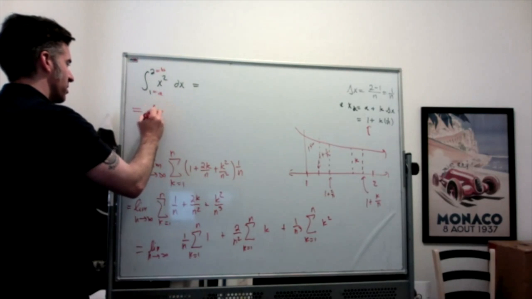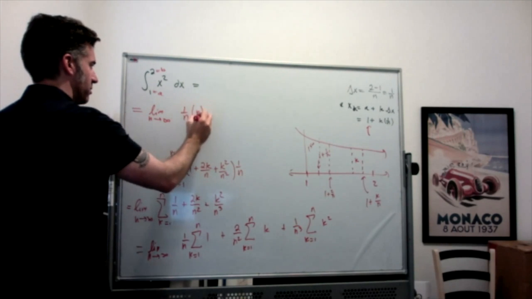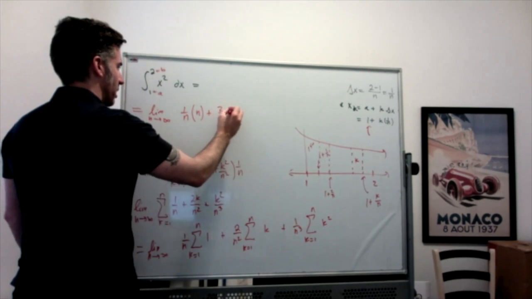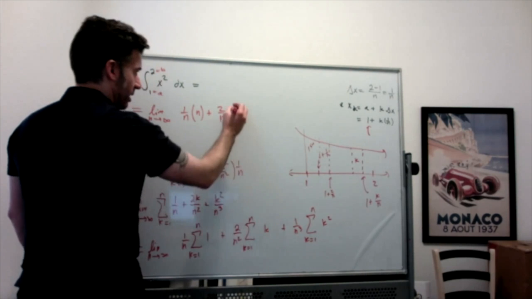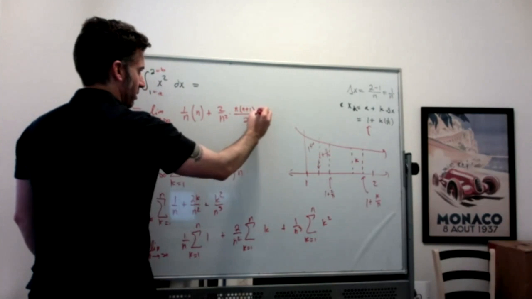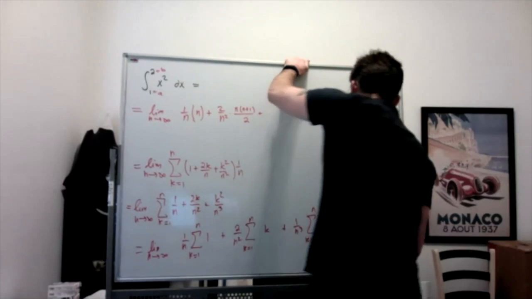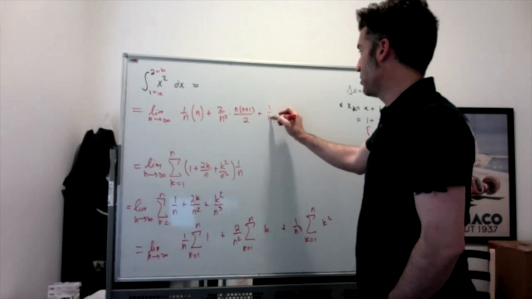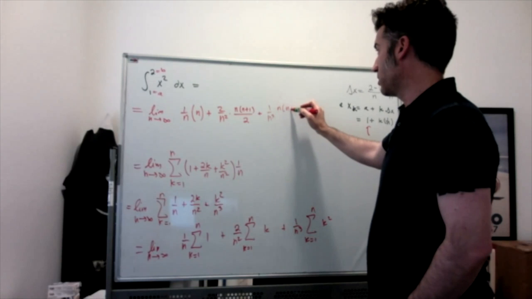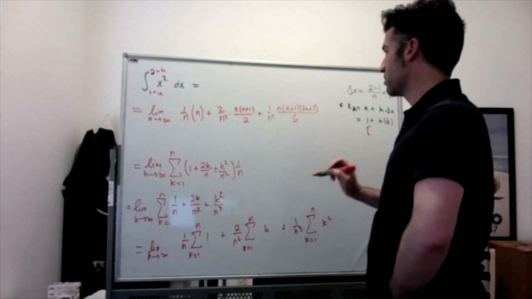So the limit as n goes to infinity of 1 over n times n plus 2 over n squared times the sum from k equals 1 to n of k, which is n times n plus 1 over 2. And then finally, 1 over n cubed times the sum from k equals 1 to n of k squared, which is n times n plus 1 times 2n plus 1 all over 6.